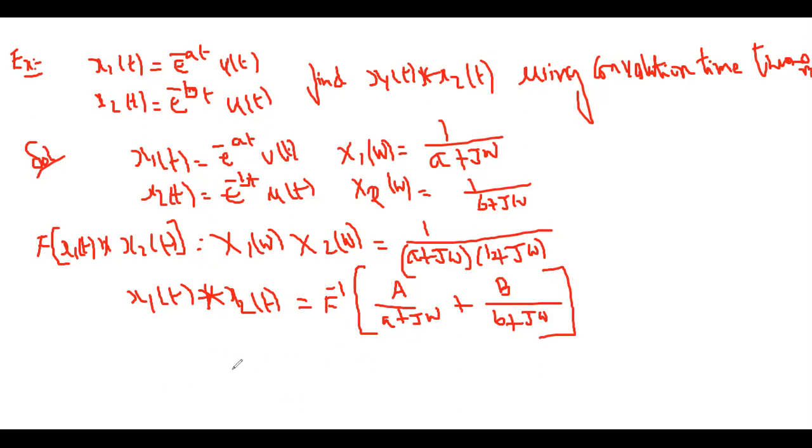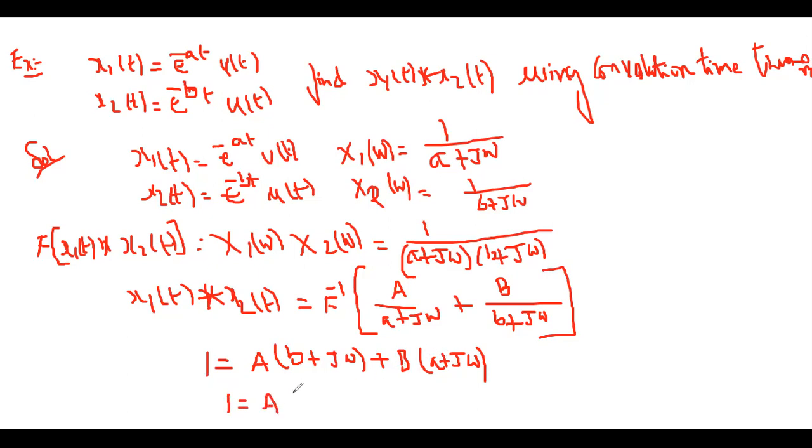So what is A? Comparing, 1 is equal to A into (b plus j omega) plus B into (a plus j omega), to find the capital A and capital B. Substitute j omega equal to minus a.